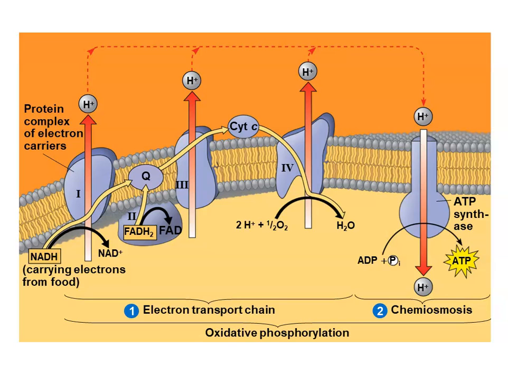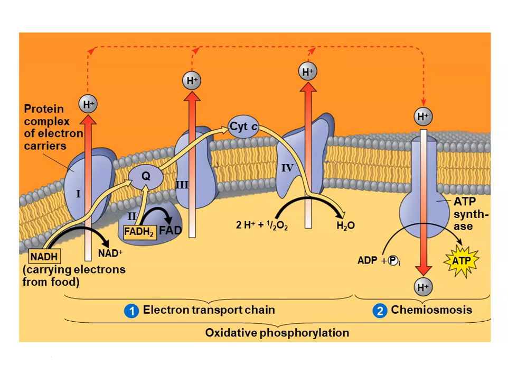So the electrons are moving through. Those would be your yellow arrows. As the electrons move through, they're able to push hydrogens out into that inner membrane space. We're able to reduce our carriers.